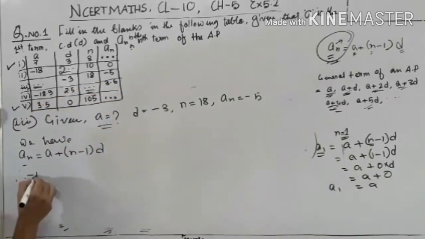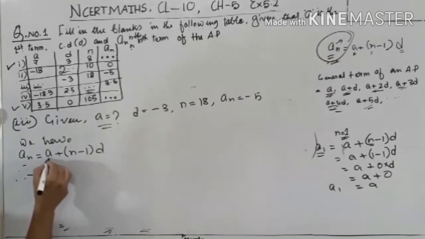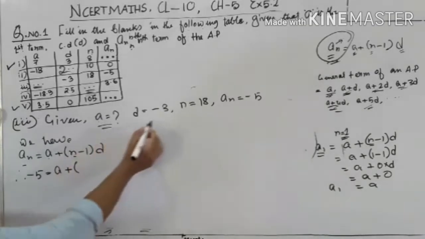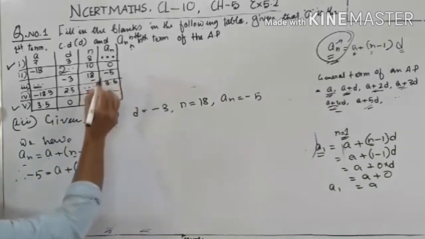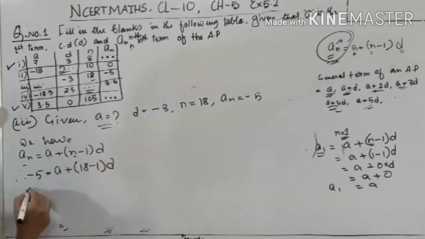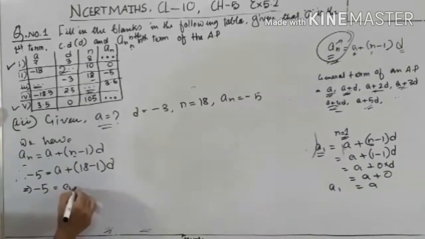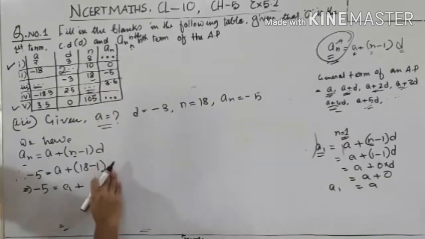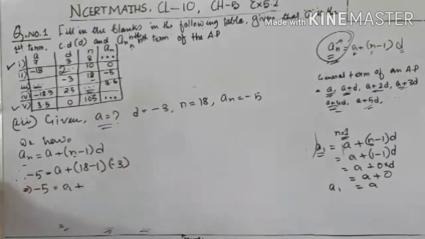Therefore minus 5 equals a, the first term, which is not given so we have to find it, plus (18 minus 1) times d. The common difference is given: minus 3, close the bracket.